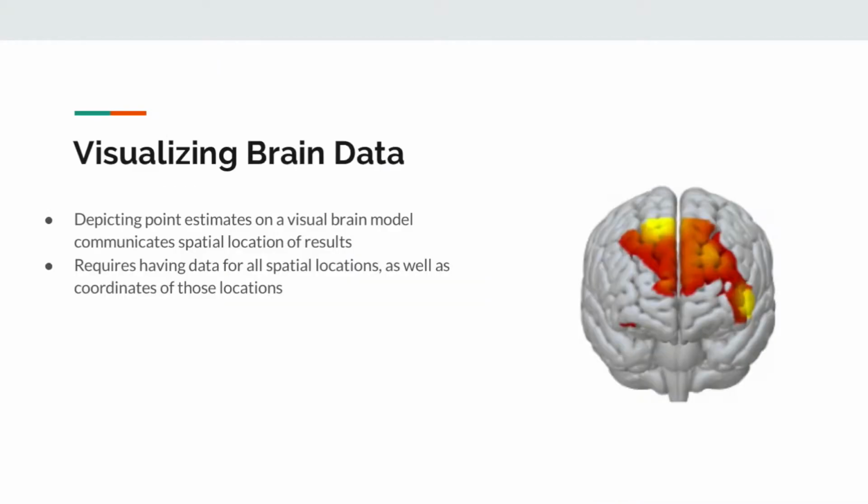Besides just visualizing your basic data though, you might be wanting to visualize brain data specifically and depicting point estimates on a visual brain model so that you can communicate the spatial locations of those results. This requires having data for all spatial locations that you can plot, as well as coordinates of those locations.